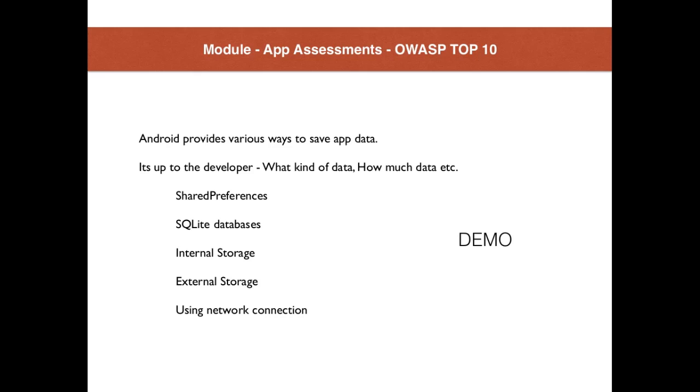Coming to SQLite databases, they are lightweight databases which are very helpful if you want to store a large amount of data and do faster processing in your application. So SQLite databases and shared preferences are the best options if you just want to save data of your application.